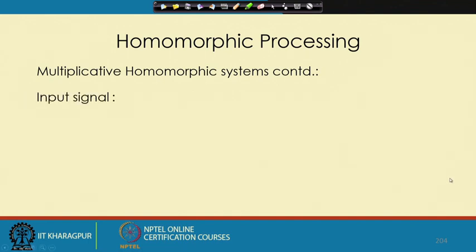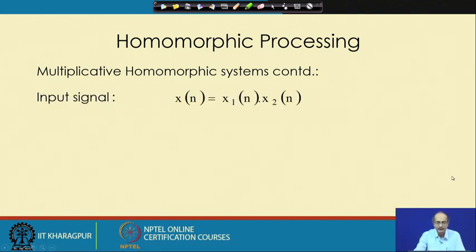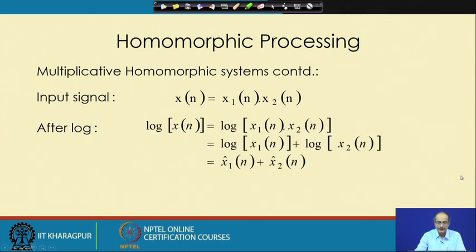Now, let us look at the two components of the observed signal x, which are x 1 and x 2. If we take the logarithm, what happens to them?